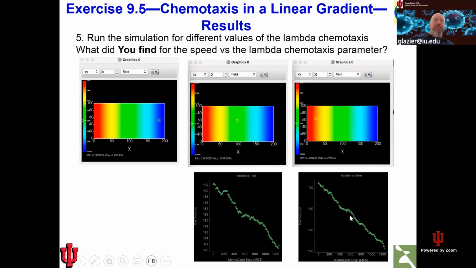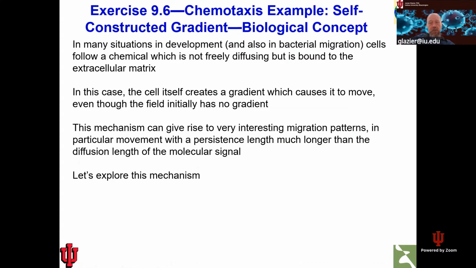So that's okay. There's a really pretty simulation we could do, which is called the self-generating gradient, which happens in biology. This simulates a situation in which the cells are following a chemical that's not freely diffusing, but is bound to the extracellular matrix. Many growth factors, like vascular endothelial growth factor, actually behave this way.